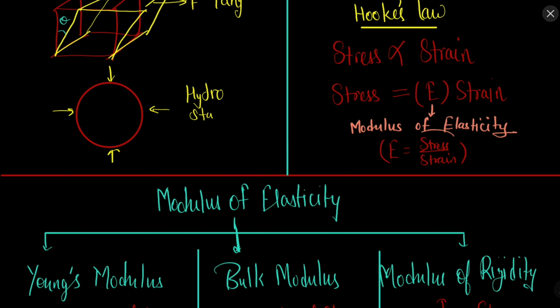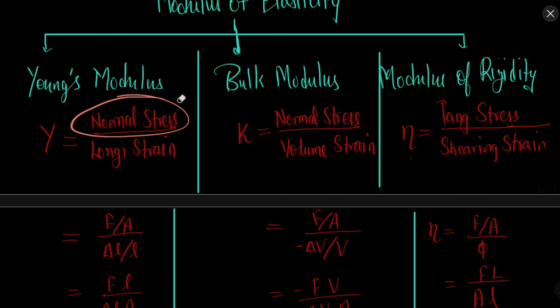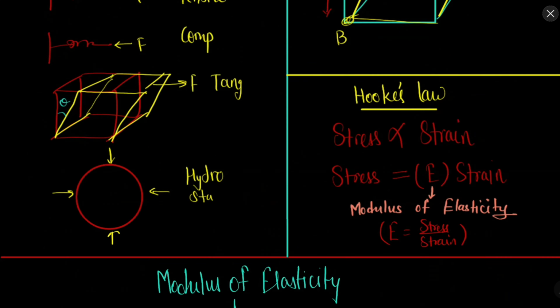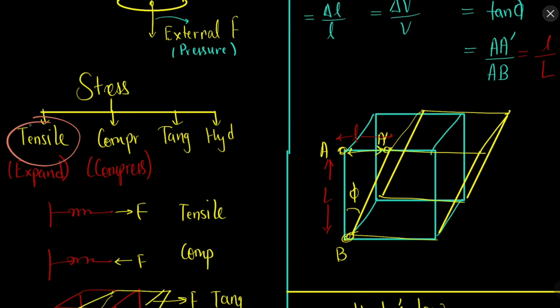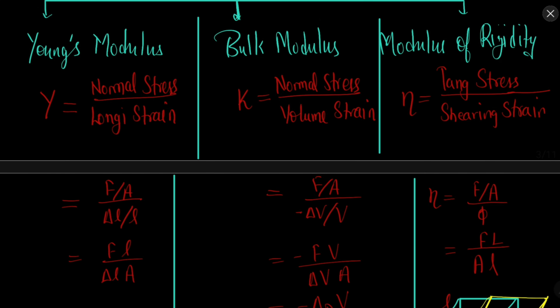Again, remember, modulus is stress upon strain. So Young's modulus is normal stress, normal meaning tensile or compressional, upon longitudinal strain, in which we are discussing the length only. Bulk modulus is again normal stress, like tensile or compressional stress, upon volume strain.